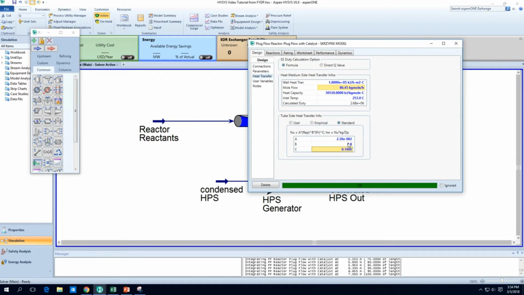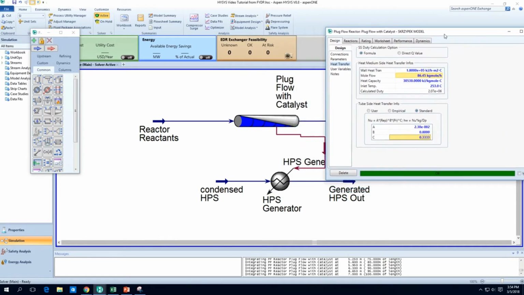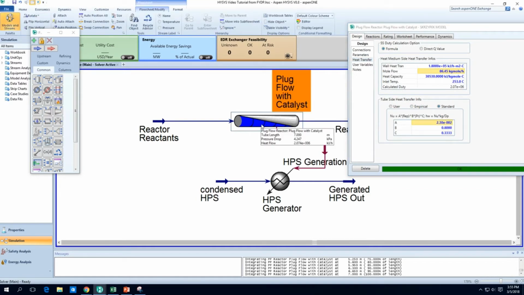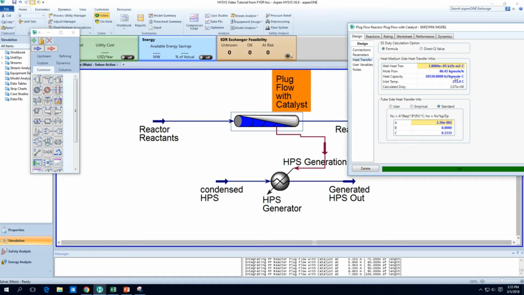And the C will be the power of the Prandtl number. So I'm going to put 1/3, with 0.33333. Okay, so that basically helps us to get the correct heat transfer coefficient based on the shell side, which is where the steam is being generated, and the tube side.